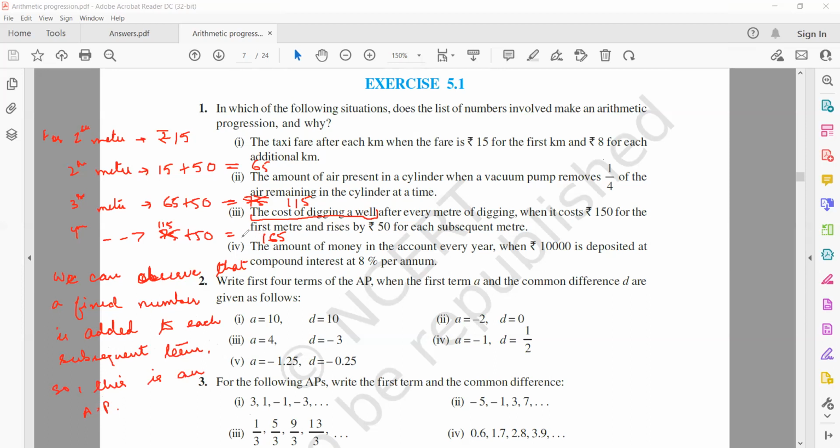Now, I'm just giving you a brief hint of the fourth one.